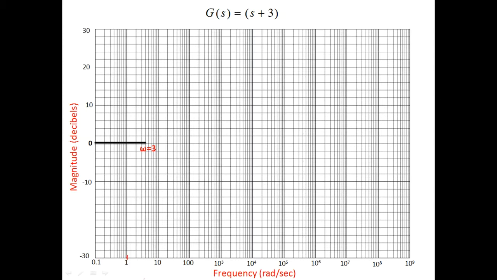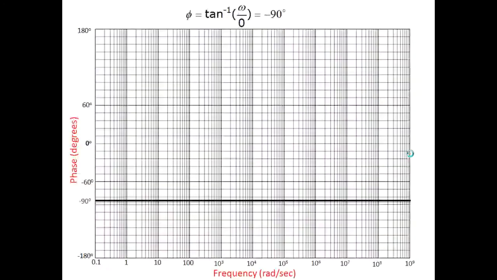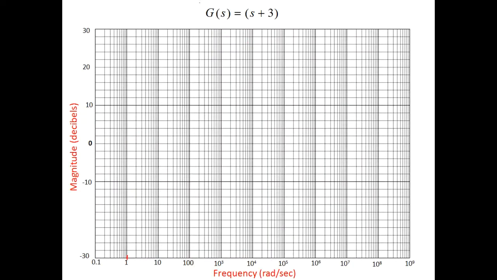For w below 3, you'll have 0 because it's low frequency, that is, when w is less than 1 over T, and 1 over T equals 3 here. So 1 over T is 3, isn't it?